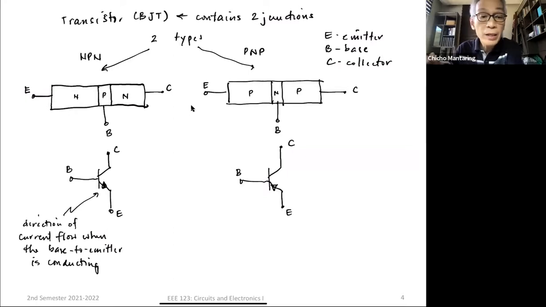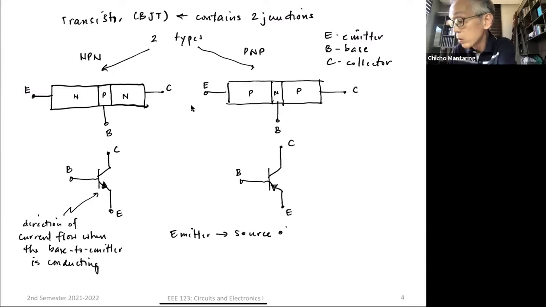Okay, what are the roles of each of the terminals? Your emitter, this is the source of charge carriers. So you might say the emitter emits charge carriers. The collector, this collects the carriers.